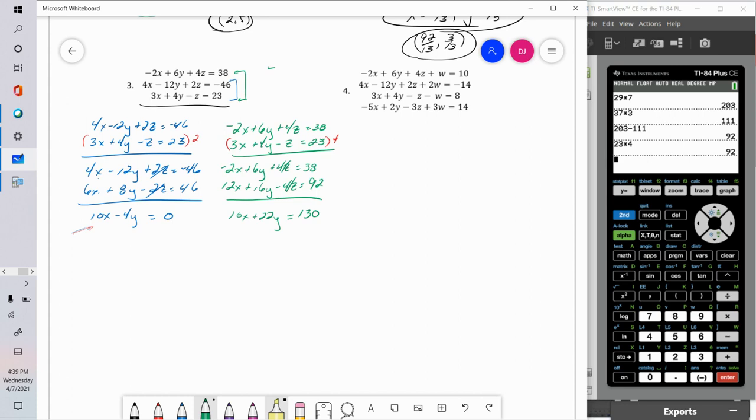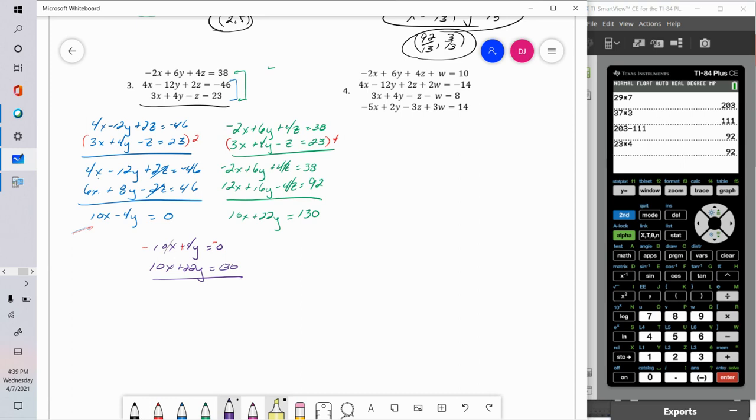Okay. So now notice that I have the two equations, 10x minus 4y equals 0, and 10x plus 22y equals 130. I'm going to multiply the top equation by negative 1, or I'm going to subtract the two equations.